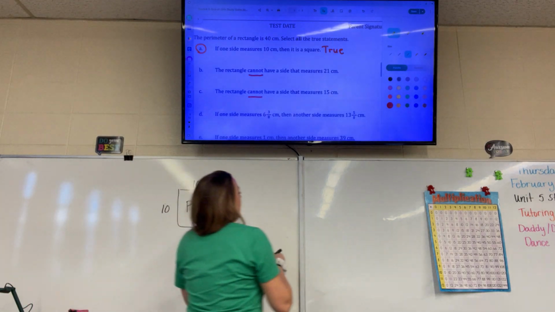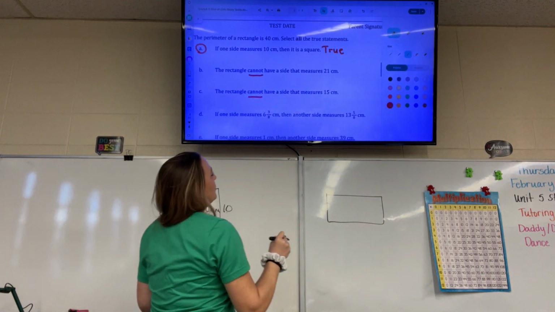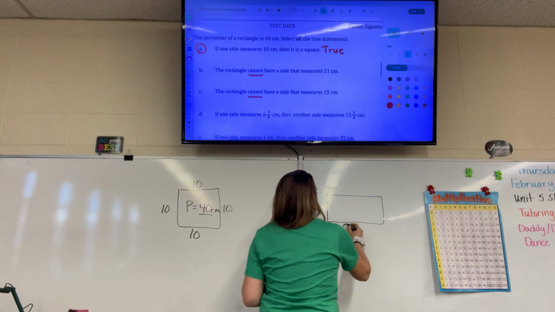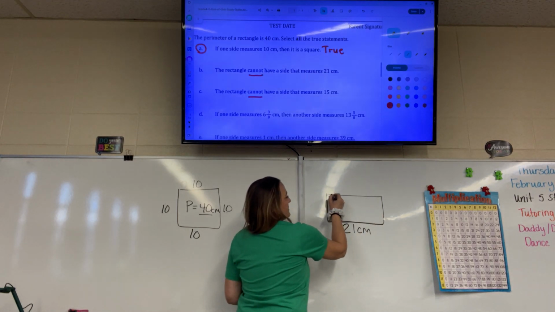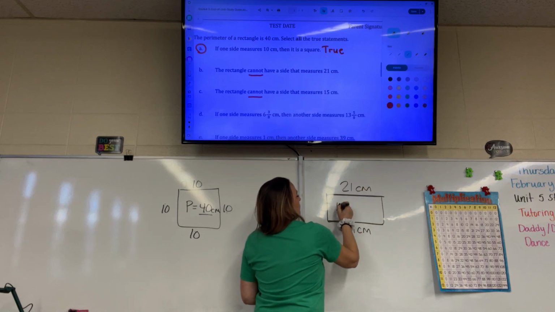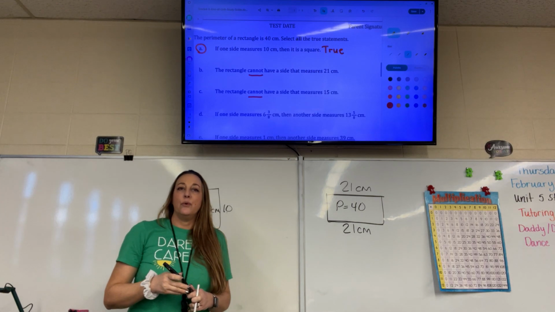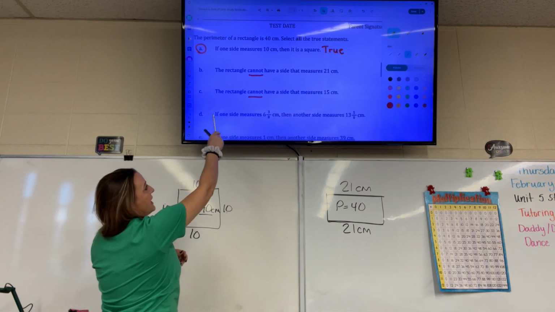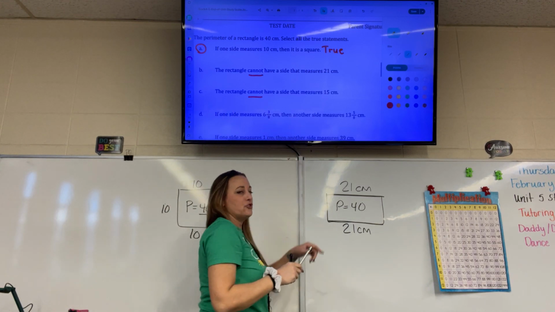Okay, the next one says, the rectangle cannot have a side that measures 21. So if this side is 21, this side is also 21, right? What is 21 plus 21? 42. So this question says the rectangle cannot have a side that measures 21.